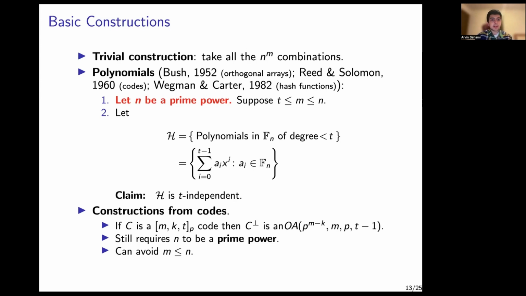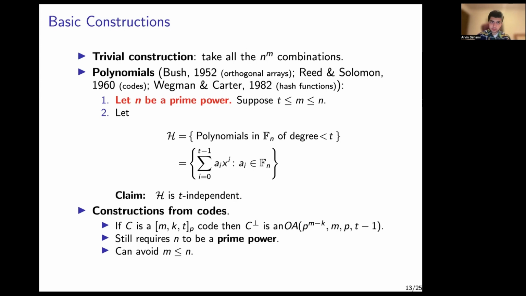Error correcting codes are a main source for constructing orthogonal arrays because of the following connection: if C is some code of length m and dimension k, distance t over an alphabet of size p, then the dual code C perp is an orthogonal array with p to the m minus k rows.